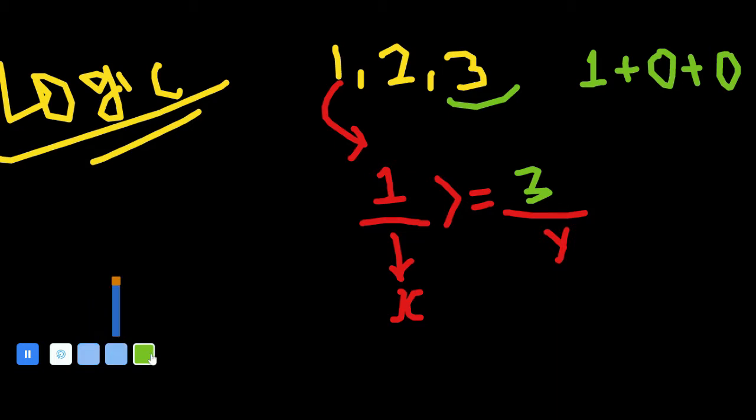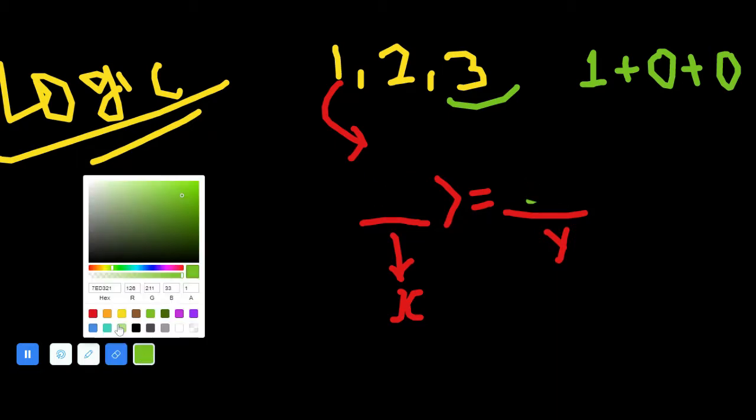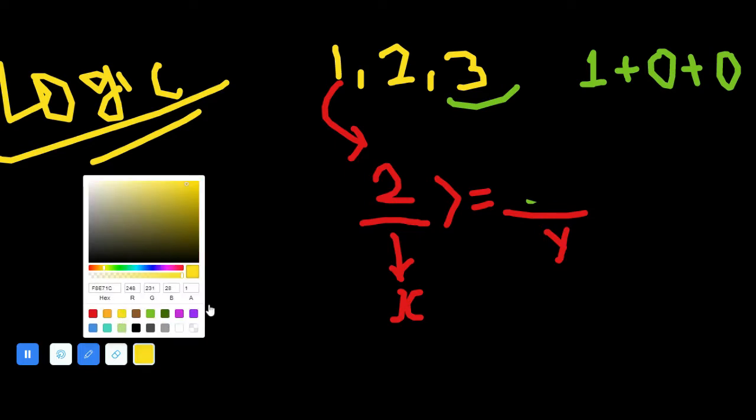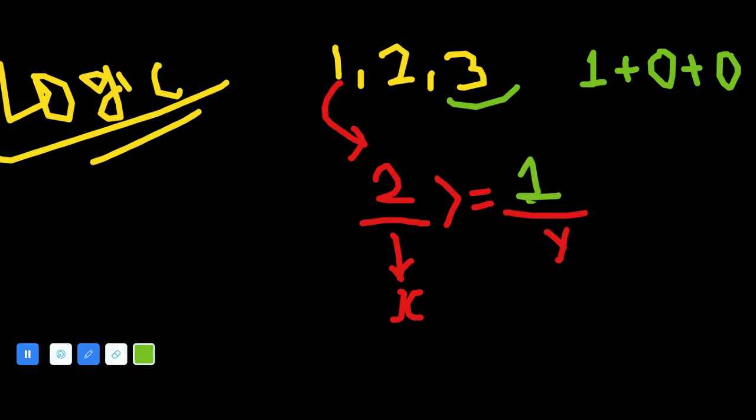Let us change the values of x and y again and repeat the same step. Let us change the value of x to 2 and repeat the same step as we did earlier. Now 1. Is this logic true now? Yes, it is true, so 1.